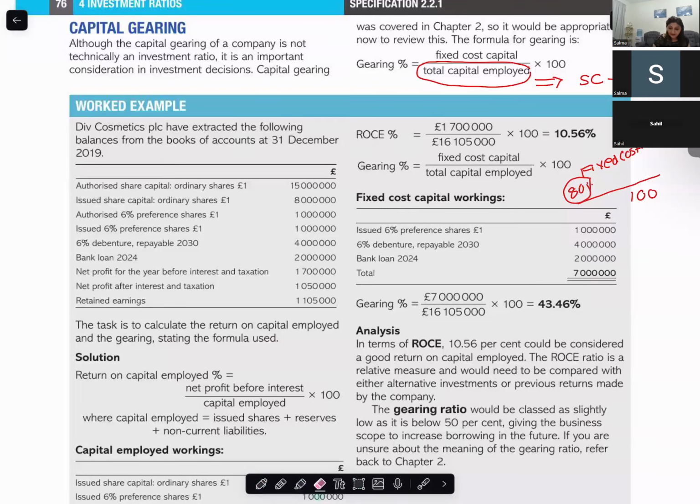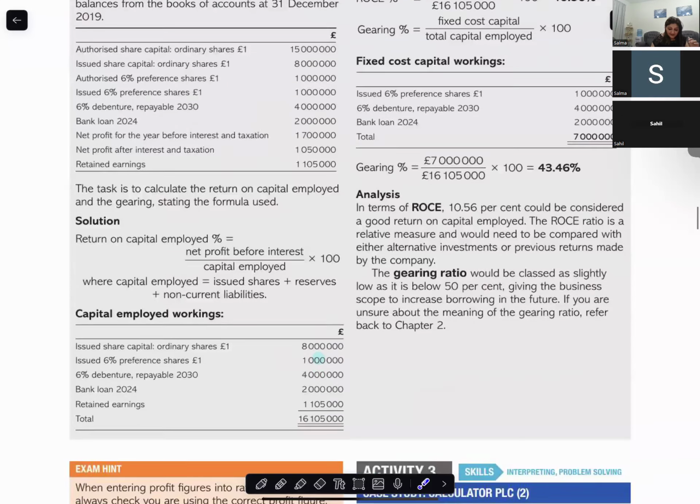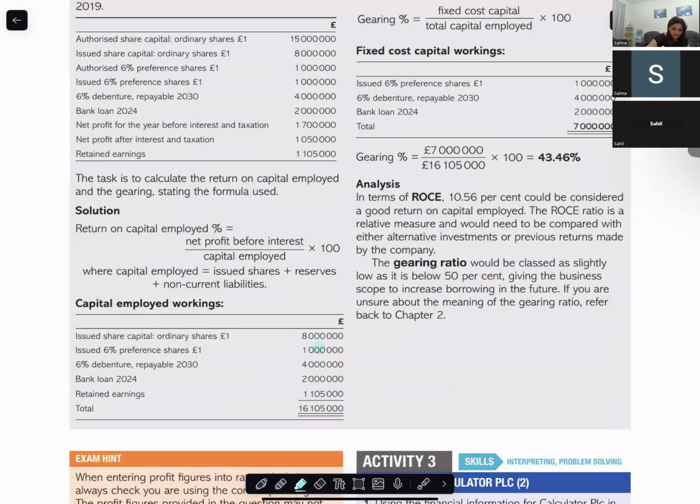When I'm talking about the capital gearing ratio, the formula for gearing percentage is fixed cost capital upon total capital employed into 100. The capital that carries a fixed cost is usually your debentures, your bank loan, your preference capital.